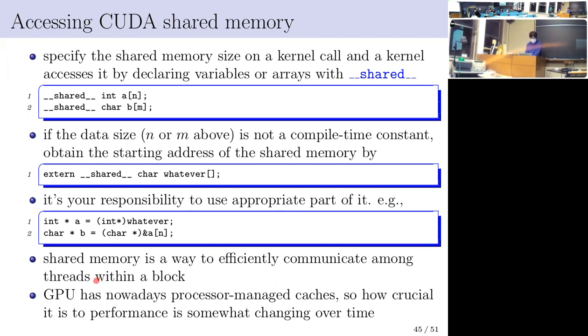But actually, GPUs nowadays also have hardware-managed caches, just like CPU caches. So how crucial is it for performance down the road? It's changing over time. In the future, it may not be that important if GPUs are equipped with hardware-managed caches.